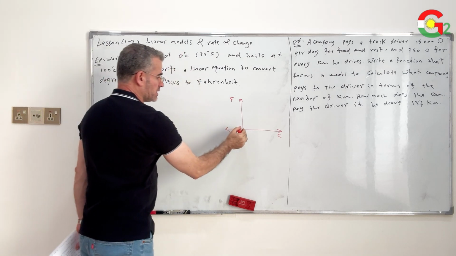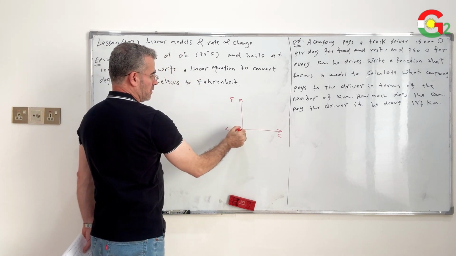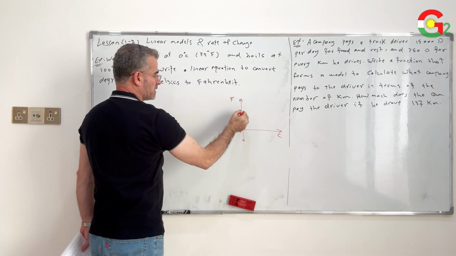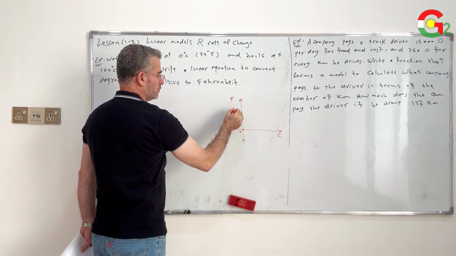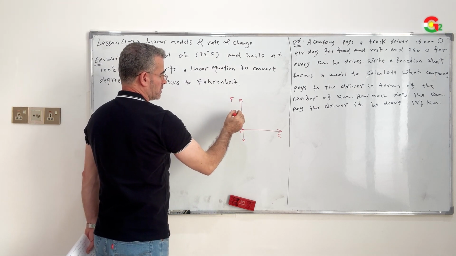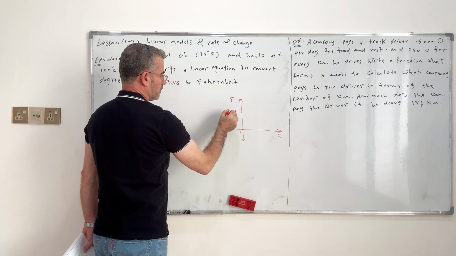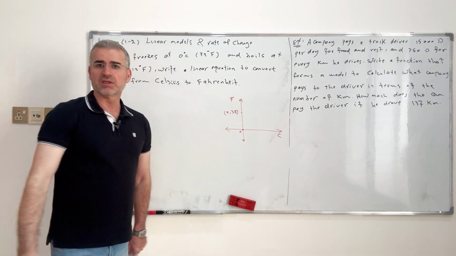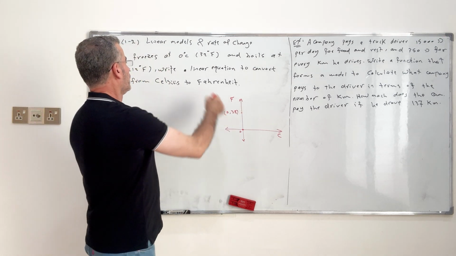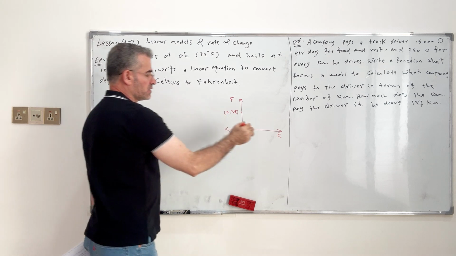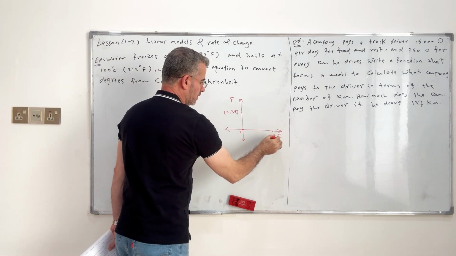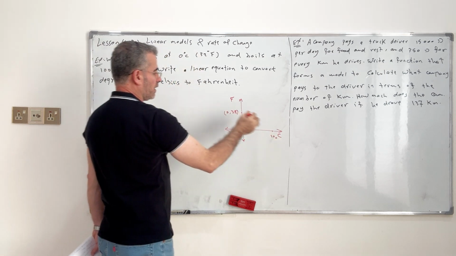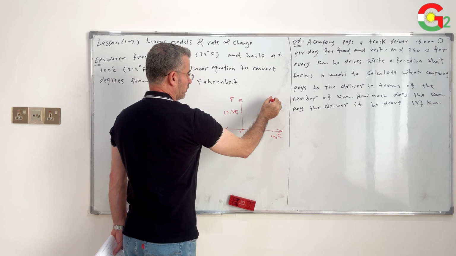When Celsius is 0, Fahrenheit is 32. This is the coordinate of this point. It is the y-intercept point. When Celsius is 100, then Fahrenheit is 212.